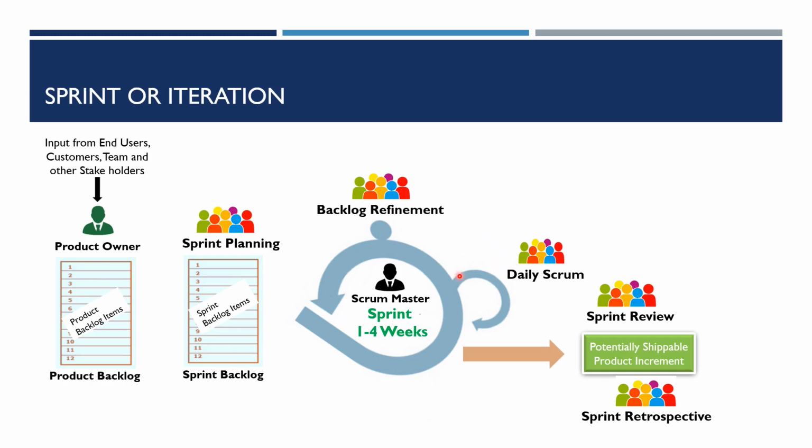After the sprint is done, on the last day, there is a sprint review, which is nothing but the demo to the product owner and the other stakeholders. So the team shows the functionality implemented in the sprint to the product owner and all other stakeholders, gets their feedback, and works on that feedback in the next sprint.